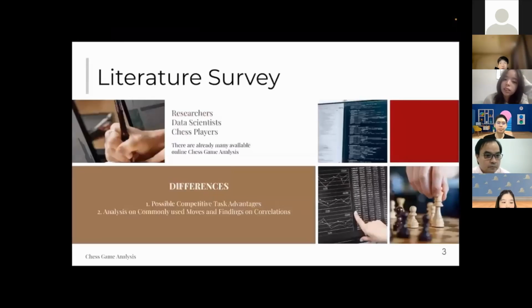Chess has always attracted researchers, data scientists, or even chess players like me, even as a beginner. And with this, it is undeniable that there are already many available online chess game analyses. Although my goal differs, not in finding competitive advantages, but in analyzing commonly used moves and finding whether there are any relationships between each individual factor, such as the opening moves and the winning color.